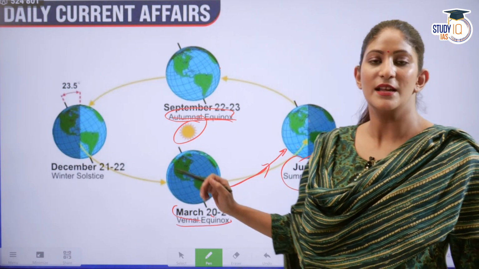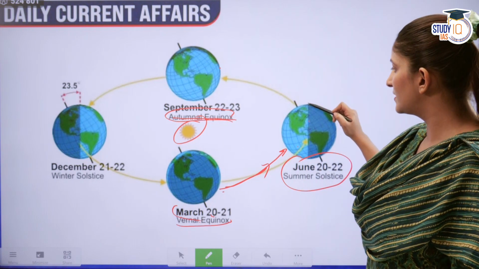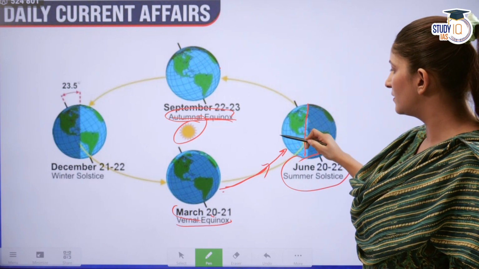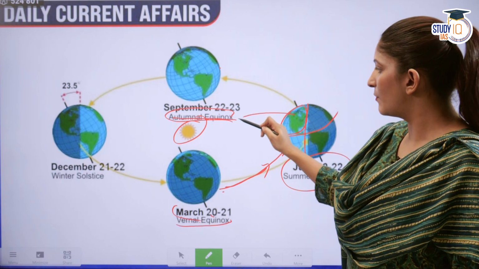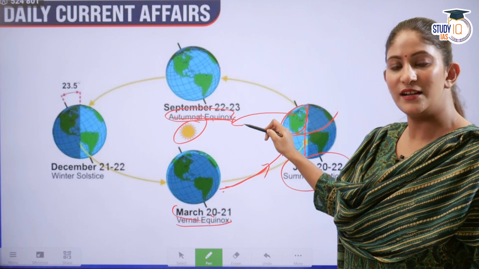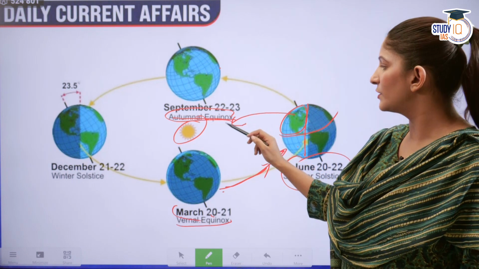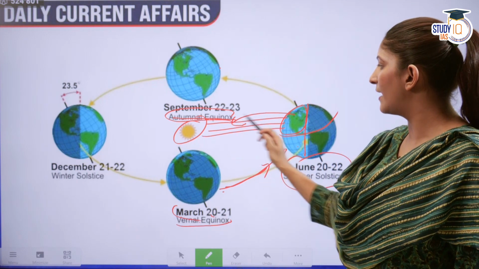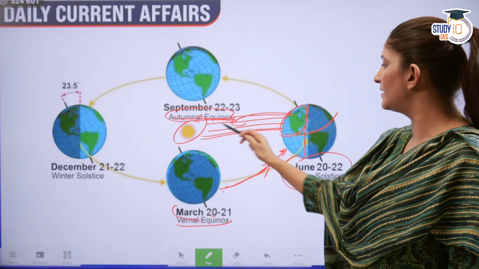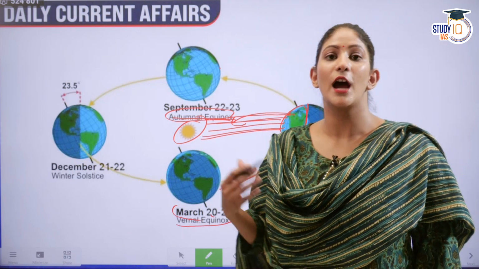So when it is moving towards this particular direction, this is the month of June, and here we have the summer solstice. During the summer solstice, as you can see, the northern hemisphere is tilting mostly towards the sun. When it has tilted mostly towards the sun, what does that mean? That this region is going to have direct sunlight for most of the time. That means a longer day.